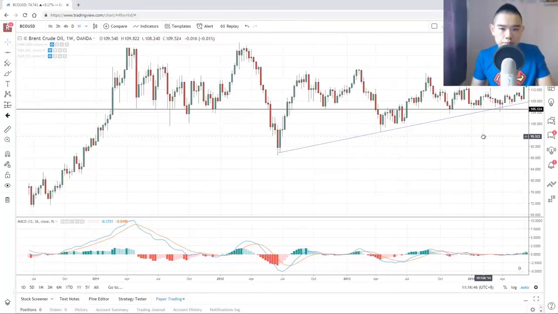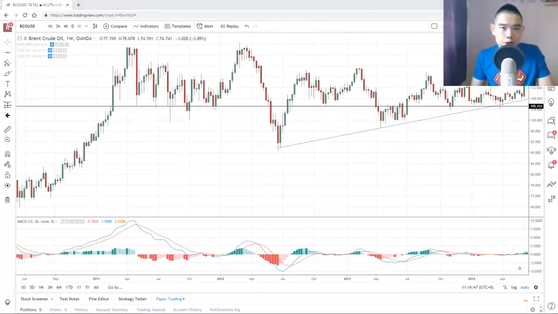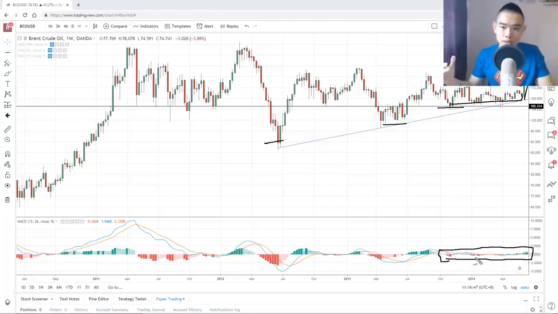You can see that the market is pretty much in a low volatility period. It has a series of higher lows, but over here volatility has shrunk. If you look at the MACD histogram, notice you can hardly see the histogram popping out at all, because it's telling you that, number one, volatility is low in the market. So this is where it's primed for trading a breakout. To be honest, I have no idea whether the market would break out higher or lower.